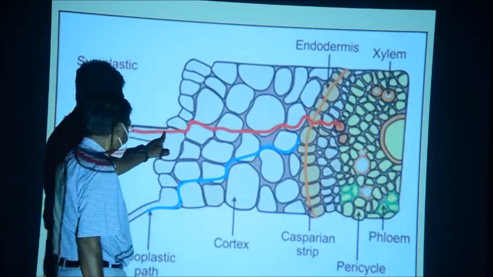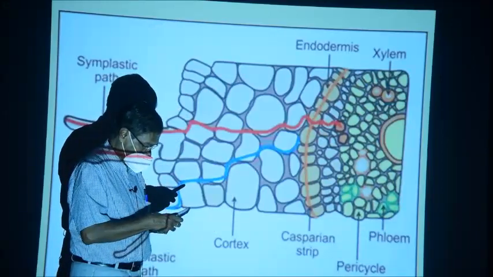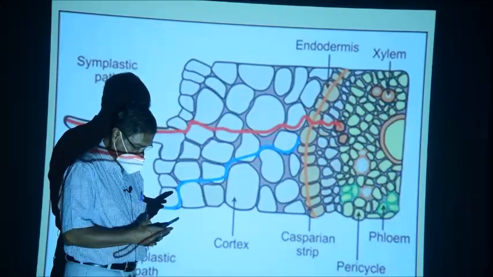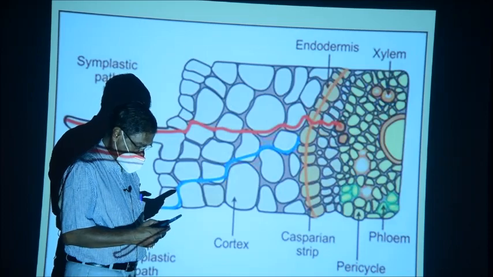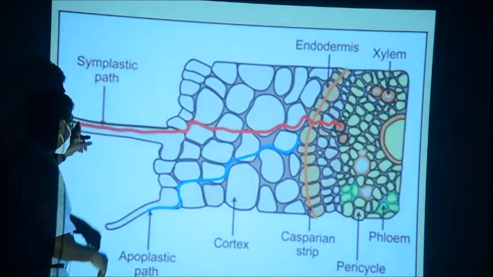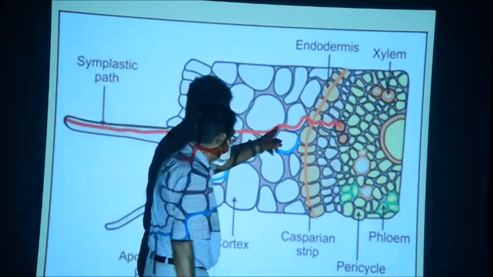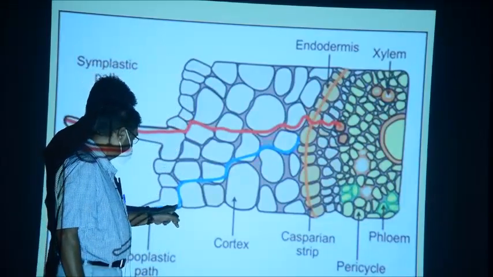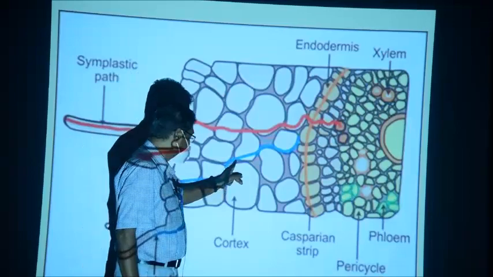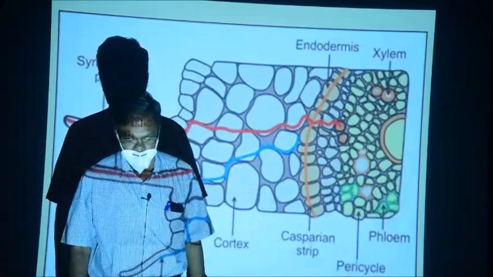This is symplast, where water moves through the protoplast. This is apoplast, where water moves through the cell wall and intercellular spaces. Symplast and apoplast.